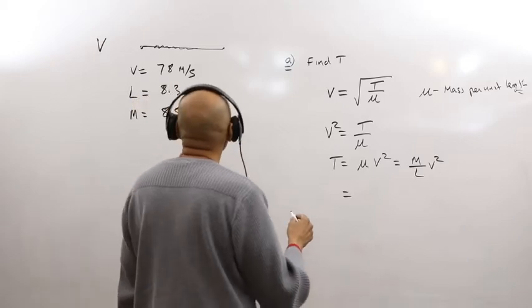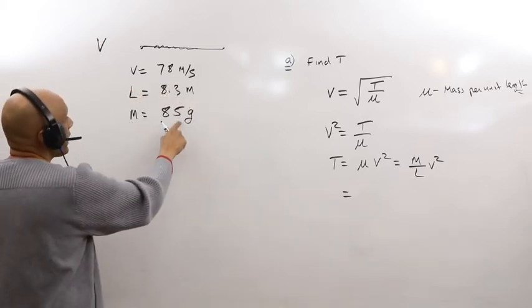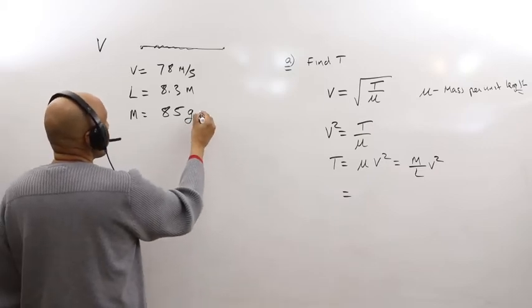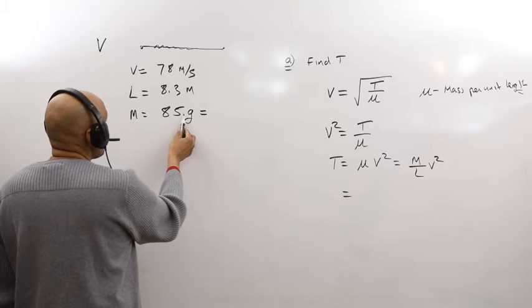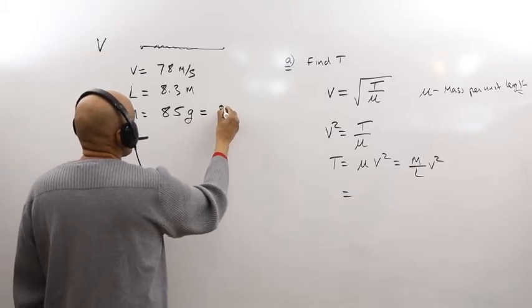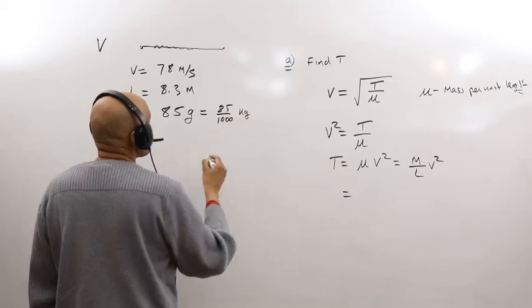Now, a couple of things. This grams is not standard units. So the first thing you should do is convert this into standard units. In this case, kilograms would be 85 over 1,000 kilograms.